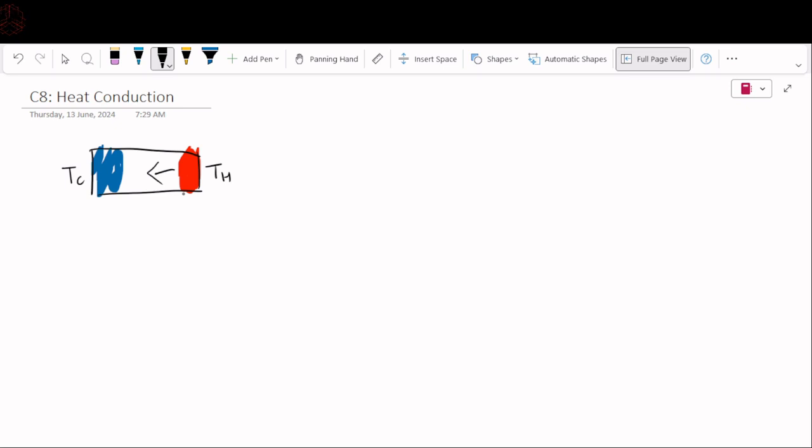But of course, this is a long way to go, so we need to know how fast that heat energy is moving. To quantify this heat energy transfer, we look at Fourier's law.